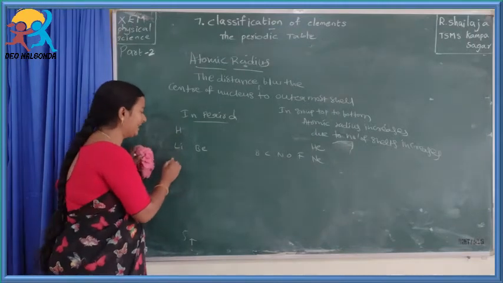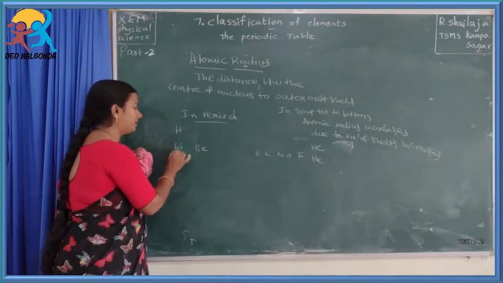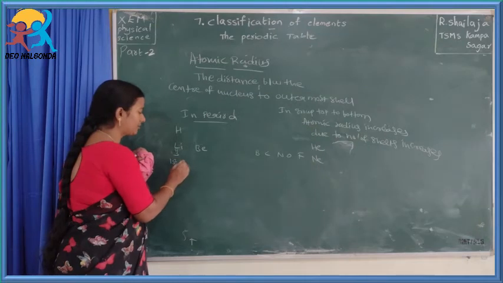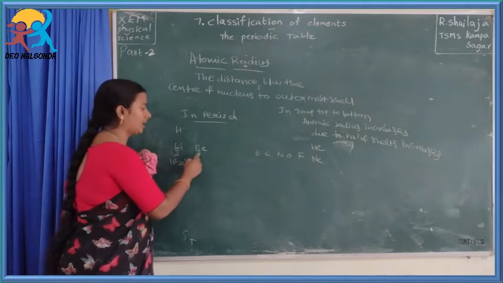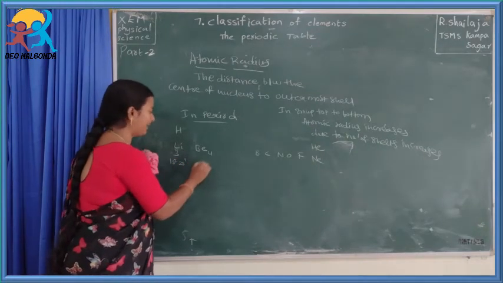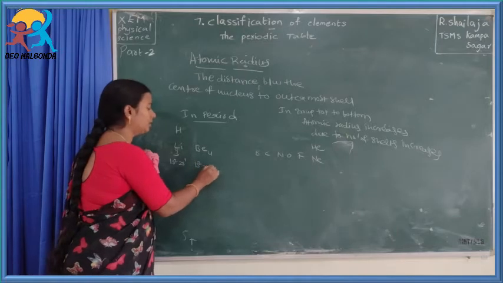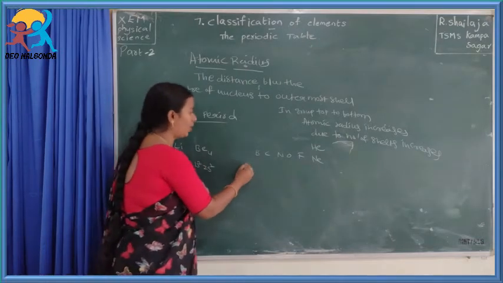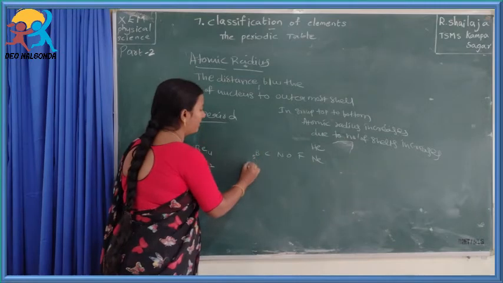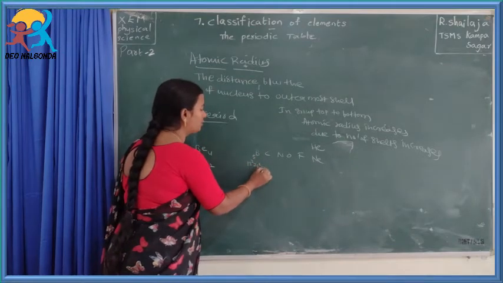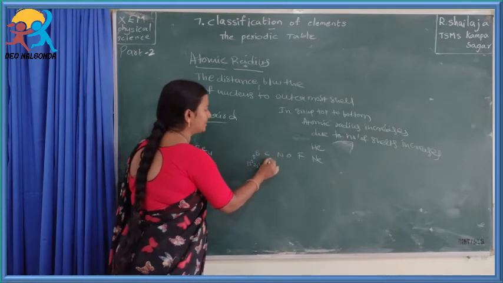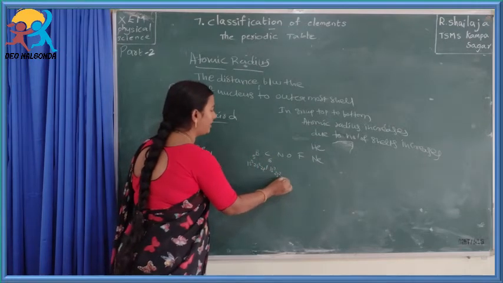Here lithium, atomic number 3, is 1s2, 2s1. Beryllium, atomic number 4, is 1s2, 2s2. Boron, atomic number 5, is 1s2, 2s2, 2p1, and carbon, atomic number 6, is 1s2, 2s2, 2p2.